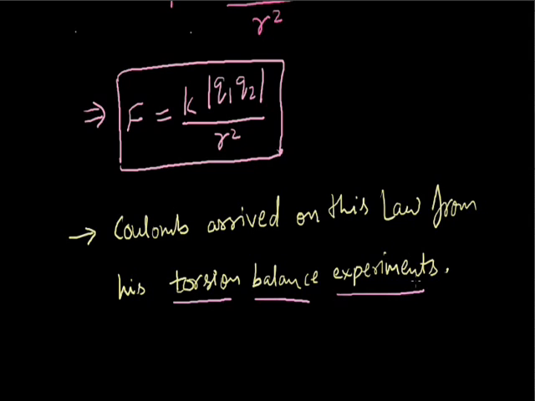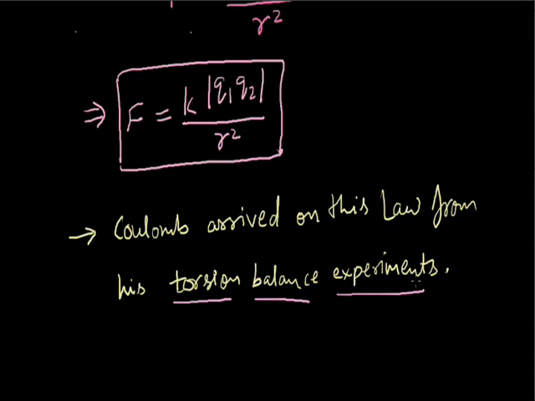Comparing forces for different pairs of charges at different distances, Coulomb arrived at the relationship given by the above formula. So Coulomb discovered his law without even knowing the explicit magnitude of the charges.